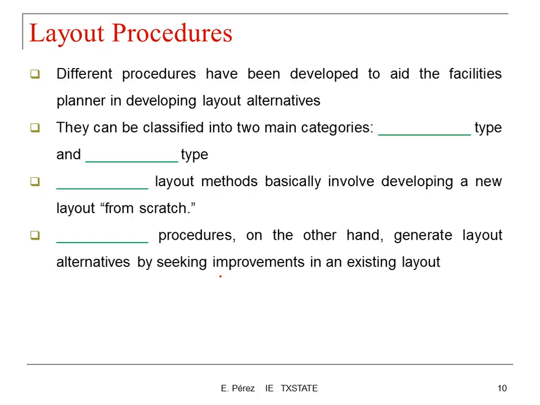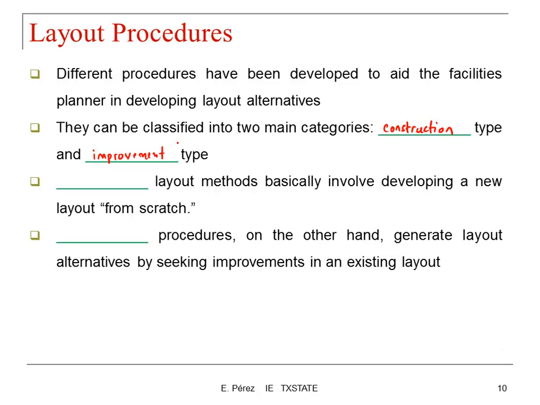So there's different procedures to try to solve this problem. They can be classified in 2 main categories. The first one is the construction type and the improvement type. And the difference between them is very clear. For the construction type, you're going to start with a facility that has nothing in it, and you're trying to create that facility from scratch.